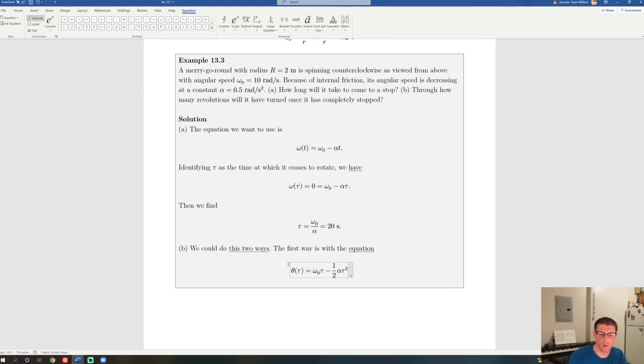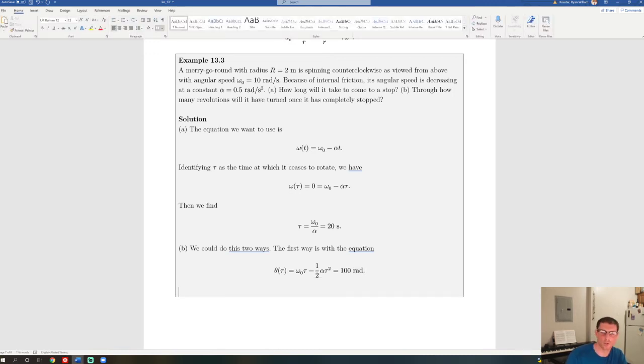And so what you should find here is, numerically, about 100 radians. Now we want to convert this to revolutions, because we're asked how many revolutions. I don't intend to be annoying about this moving forward, but I think you should have seen radians converted to revolutions at least once.